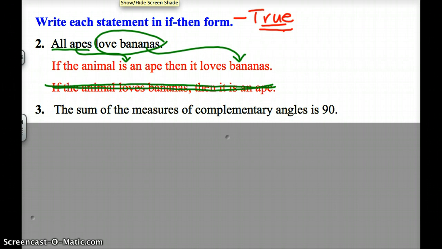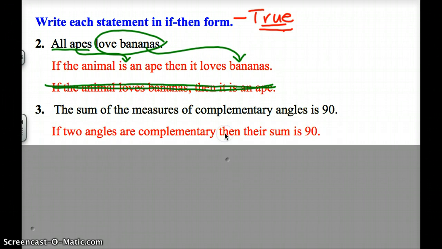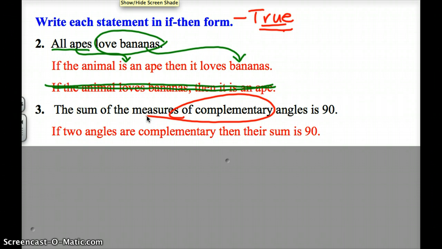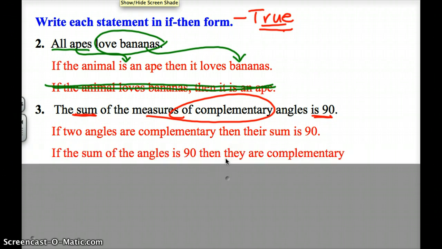The sum of the measures of complementary angles is 90. So what I'm seeing here is I have complementary angles and I have the sum 90. So if two angles are complementary, then their sum is 90. Or I could have, if the sum of the angles is 90, then they are complementary.